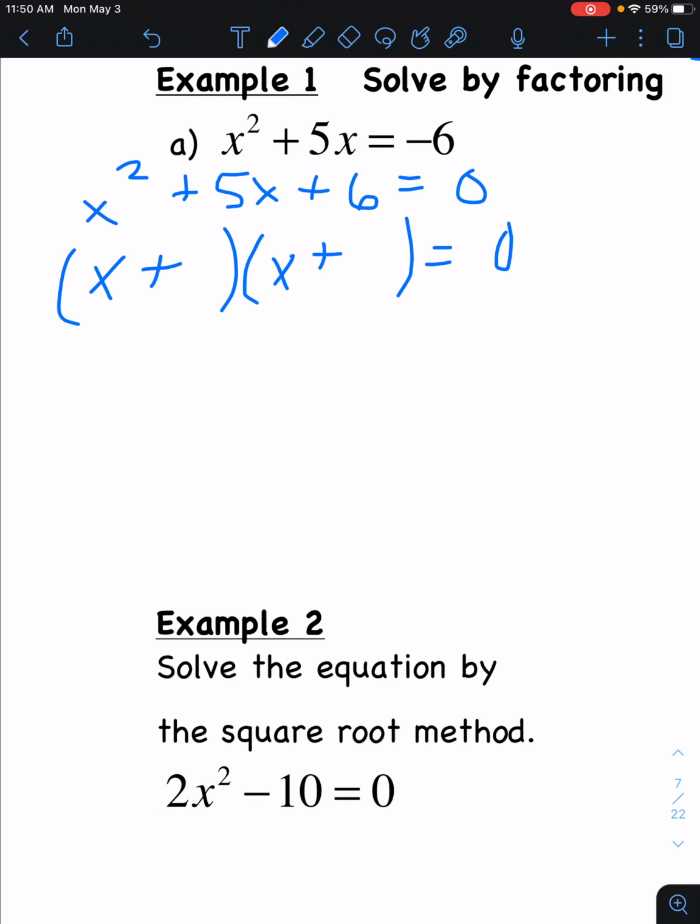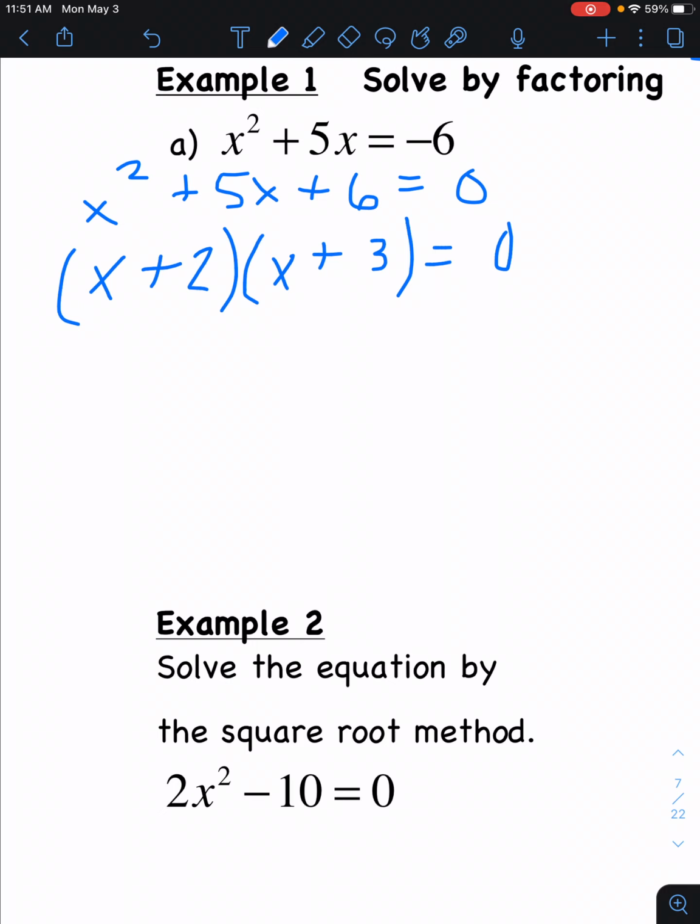Now remember the rule here: we need two numbers that multiply to get C and add up to get B. So we need to think of two numbers that multiply to get 6 and add up to get 5. Those two numbers are 2 and 3. Again here, you need to do some mental math.